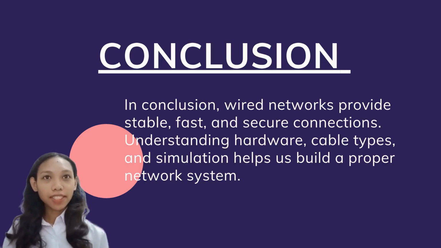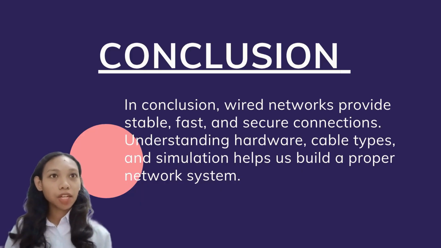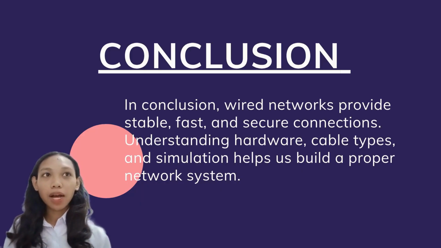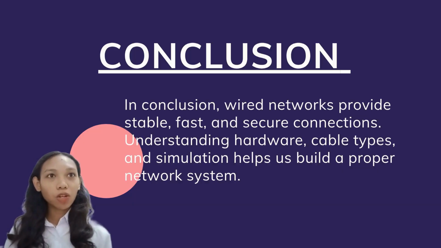In conclusion, wired networks provide stable, fast, and secure connections, making them highly reliable for both small-scale and large-scale network environments. Compared to wireless networks, wired connections are less affected by interference, which allows data to be transmitted more consistently and efficiently.